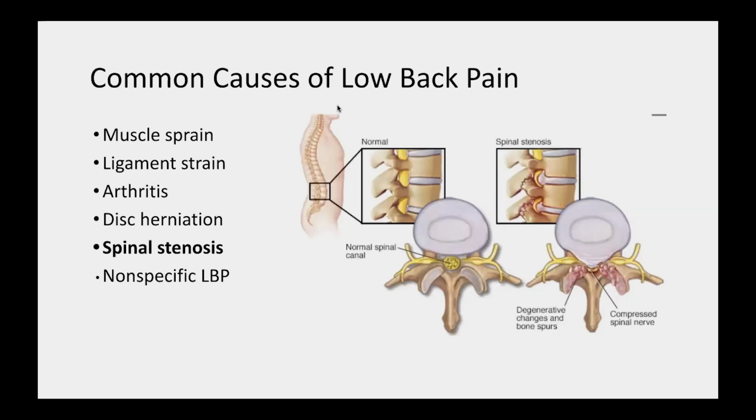The next common cause of low back pain I wanted to review was spinal stenosis. Spinal stenosis is a narrowing of the spinal canal or the spaces between the vertebra where the spinal nerves pass through. The narrowing is usually caused by arthritis or by injury, but spinal stenosis does not always cause symptoms in all patients.